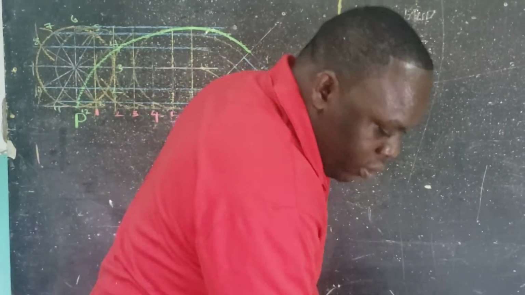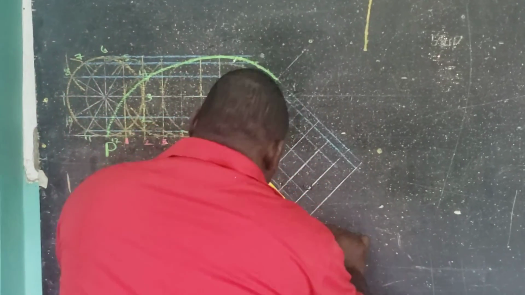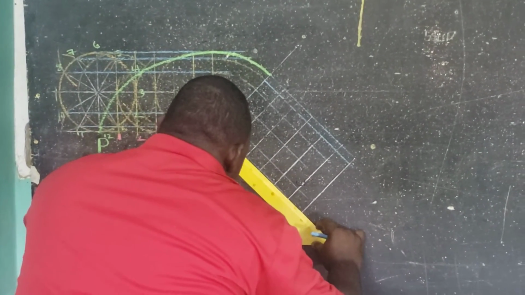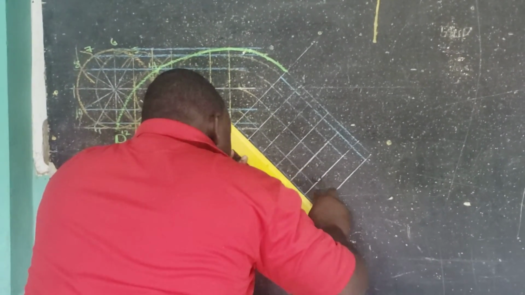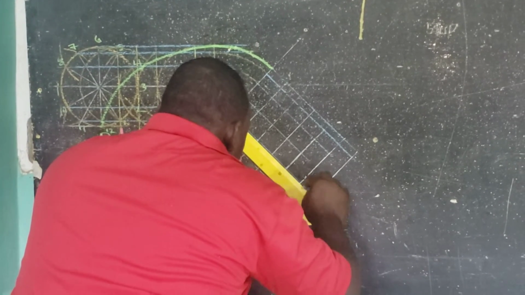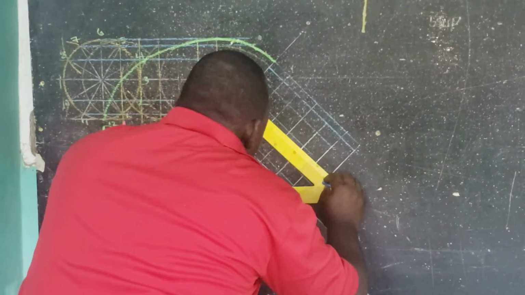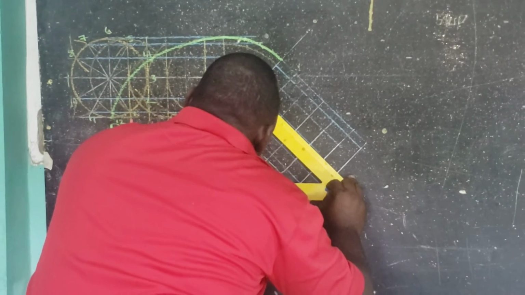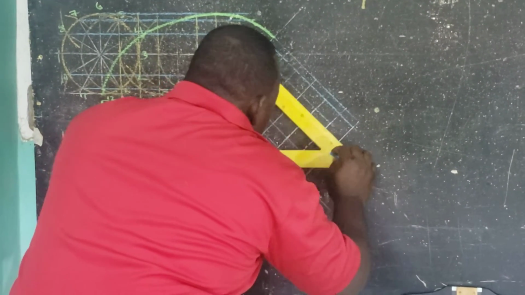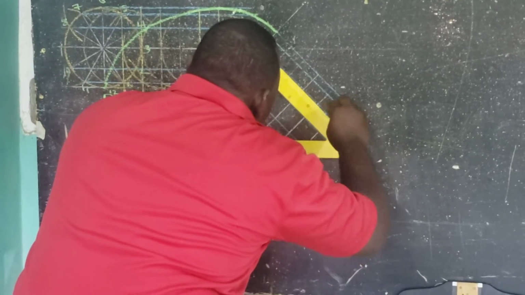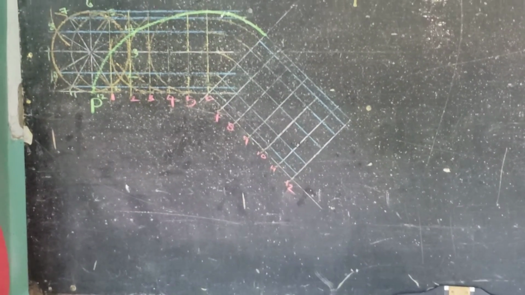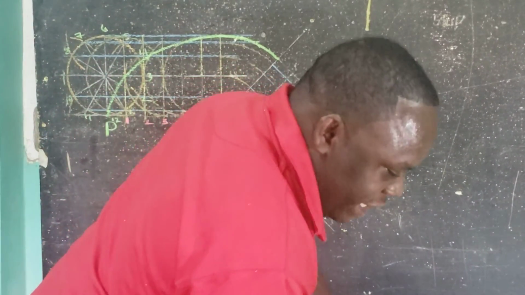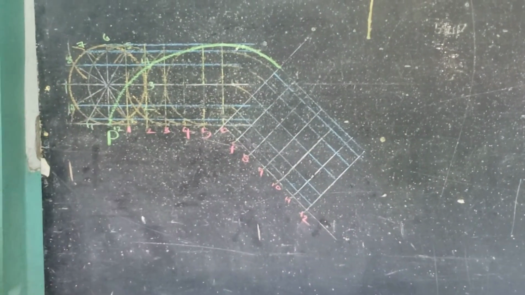Alright. 11 and 12. So let me just clean up these lines. Alright. So that's what we have right there. So we have our 7, 8, 9, 10, 11, and 12.